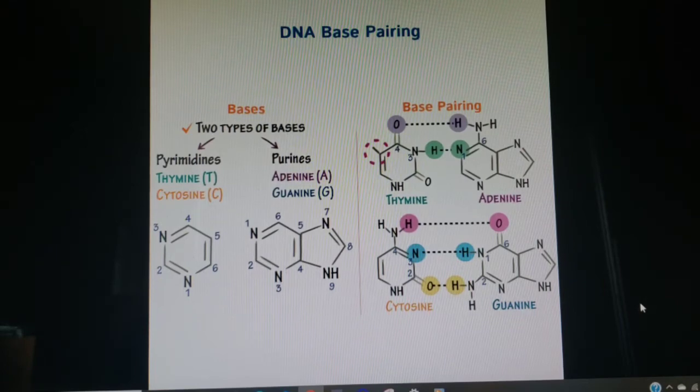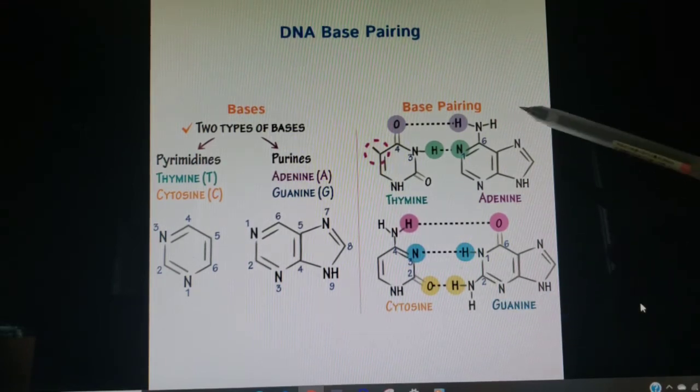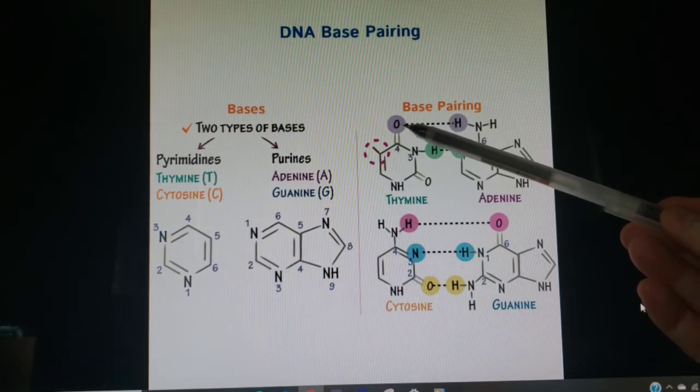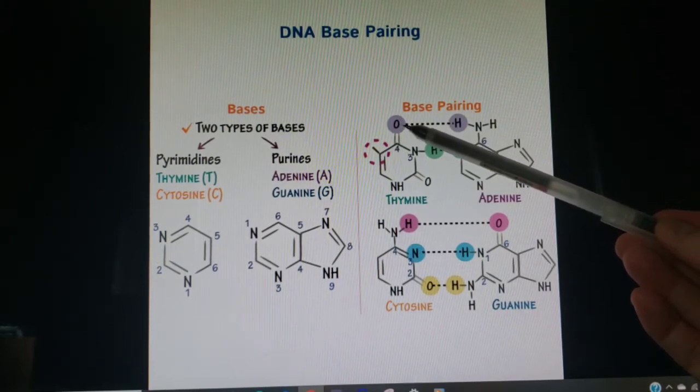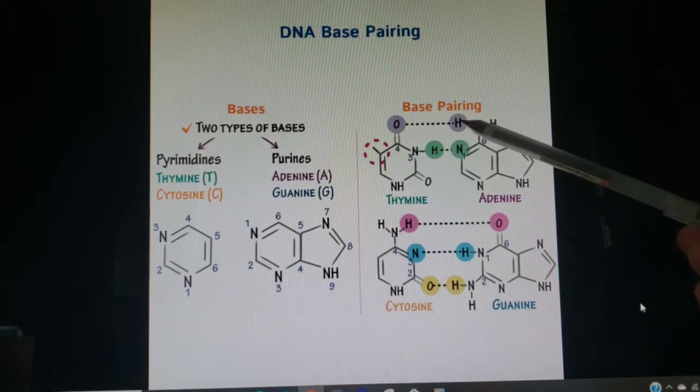Now, it turns out that hydrogen bonds can exist between adenine and thymine, and also between cytosine and guanine. And a hydrogen bond arises when the lone pair of electrons on an electronegative atom, like this oxygen, lines up in proximity to a hydrogen on another molecule that is attached to an electronegative atom.